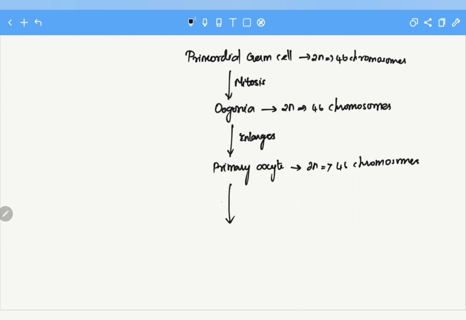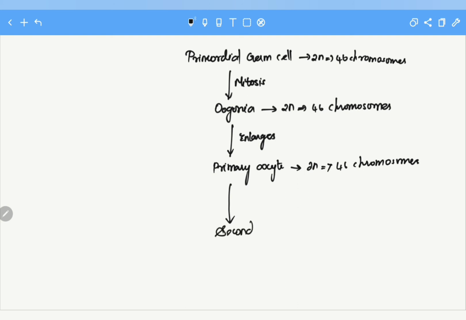After some time, the primordial follicle starts growing as a result of stimulation by the follicle stimulating hormone. It grows to a primary ovarian follicle, then a secondary ovarian follicle. The primary oocyte within the secondary ovarian follicle resumes the first meiotic division and completes it to produce a secondary oocyte.